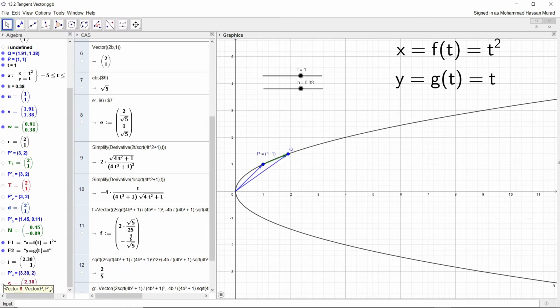If we divide the difference vector PQ by the difference of the x coordinates of the points P and Q, we get this pink vector, which is called the secant vector. So as Q moves toward P, the limiting position of the secant vector is called the tangent vector, which is shown in this figure.